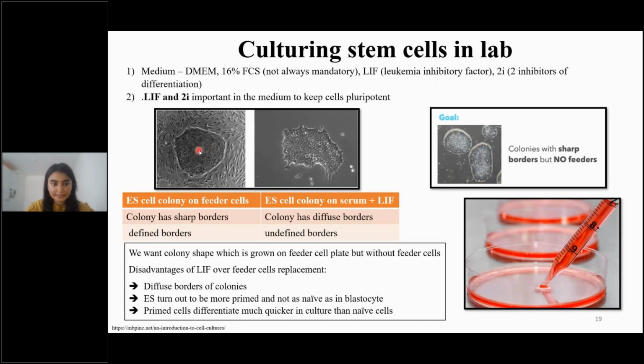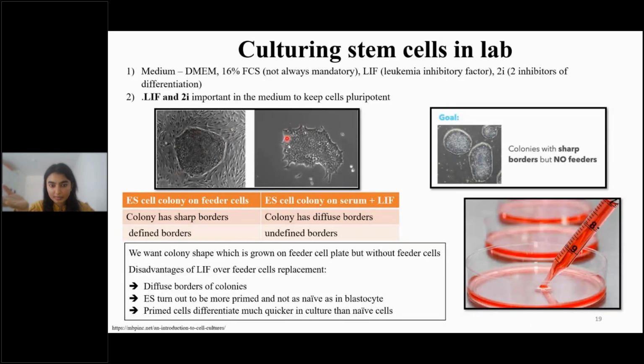It will not differentiate. Now in the second scenario, this is also an embryonic stem cell colony, but we are directly adding LIF, okay? There is no feeder here, we're directly adding LIF to it. And you can see the difference: the colony here has sharp borders, right? It has a certain shape, but here you can see it's a diffuse border.